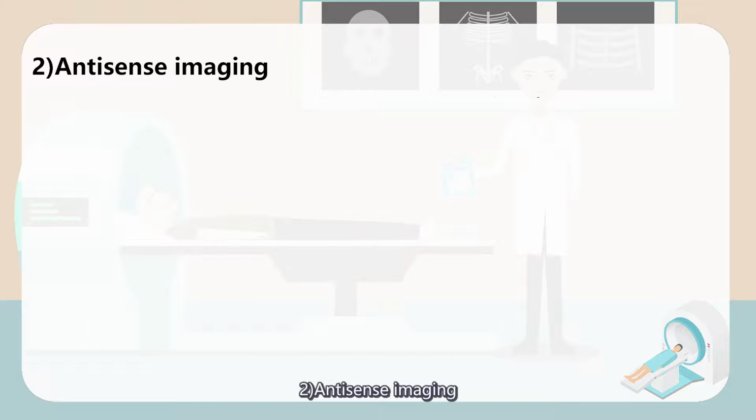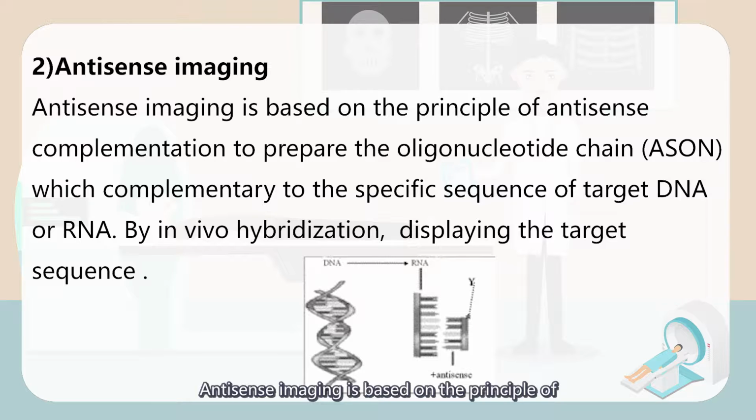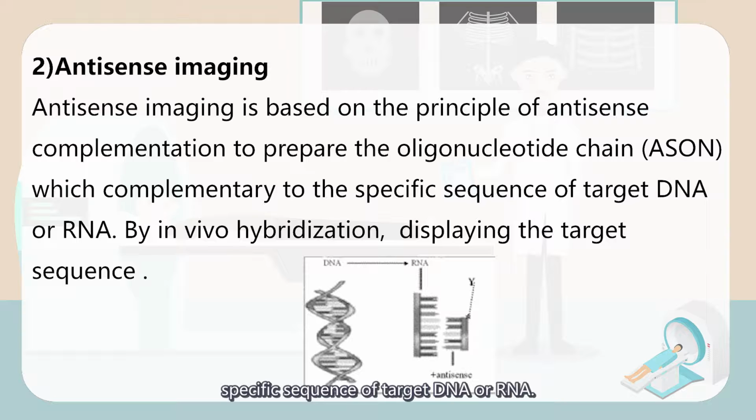And the second kind of gene imaging is antisense imaging. Antisense imaging is based on the principle of antisense complementation to prepare the oligonucleotide chain, we call it ASON, which complementarily binds to the specific sequence of the target DNA or RNA. By in vivo hybridization, it displays the target sequence.